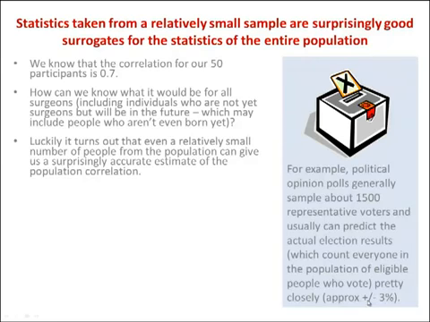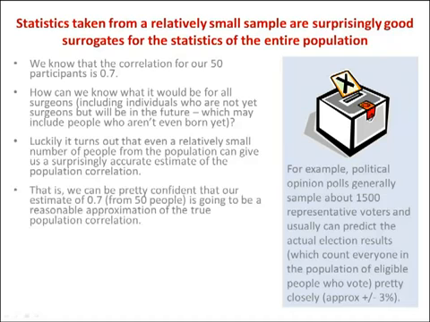For political opinion polls, generally they sample around about 1,500 people, and this usually can predict actual election results, where I think the actual election result is a measure of the entire population of eligible people. It can predict those pretty closely, and usually the error margin in opinion polls is around plus or minus 3%.